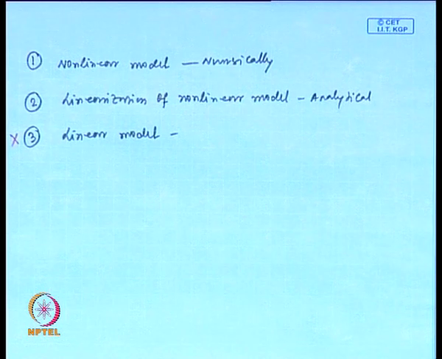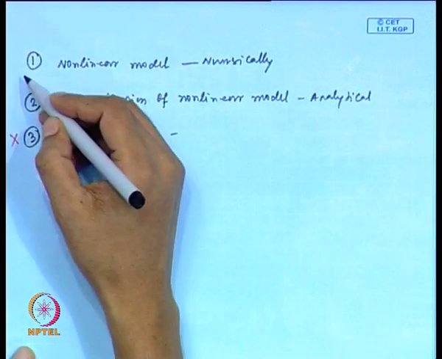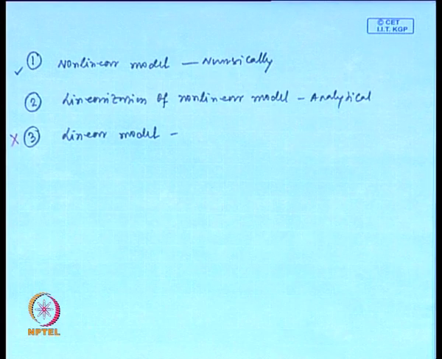In the first option, we model the process by developing nonlinear equations and solving those equations numerically. I hope you have started numerical simulations in your mathematics courses, so we will not discuss that in more detail.